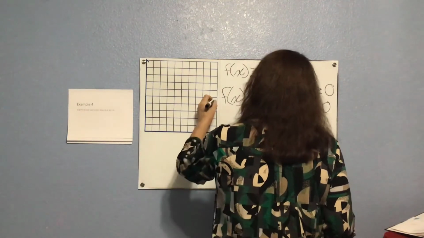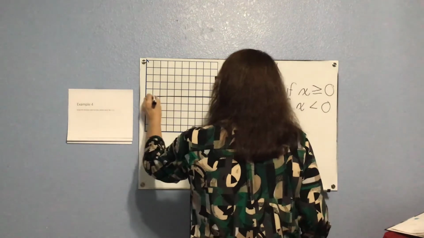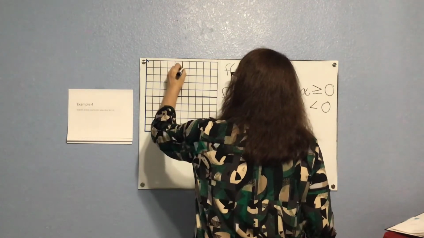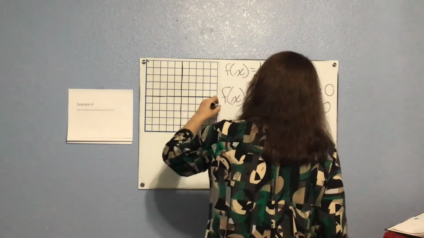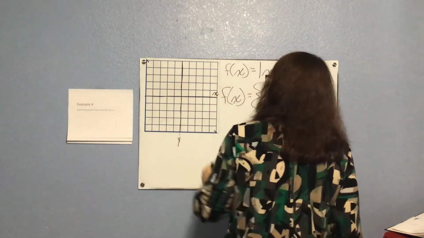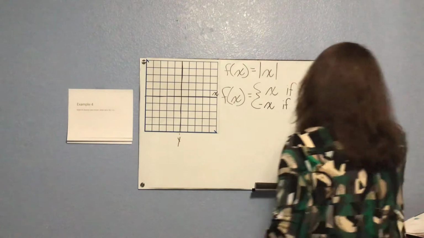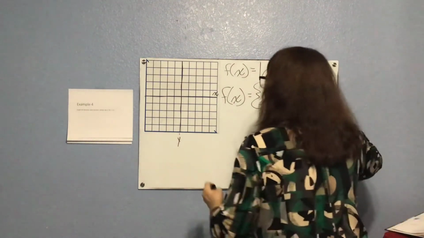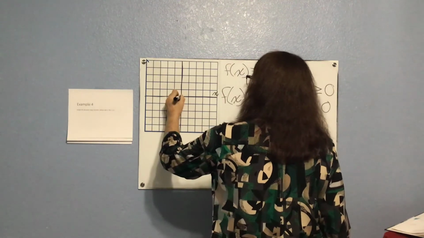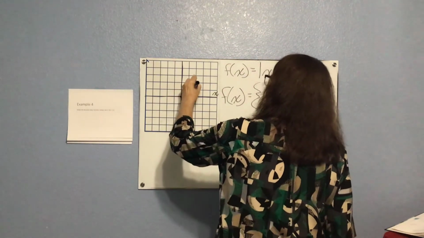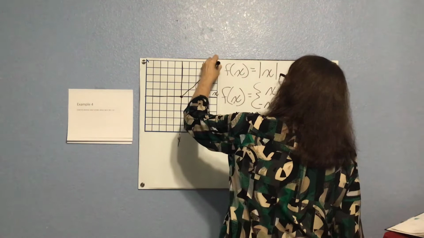Okay, and I'm going to turn this into a 4-quadrant graph. So this is y, this is x right here. And for x greater than or equal to 0, I make a solid dot to show that 0 is included, and there's my graph.